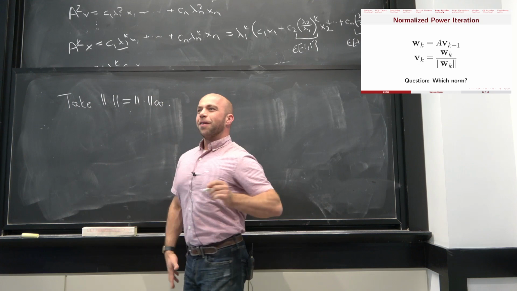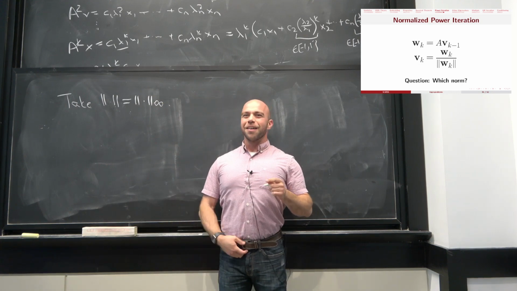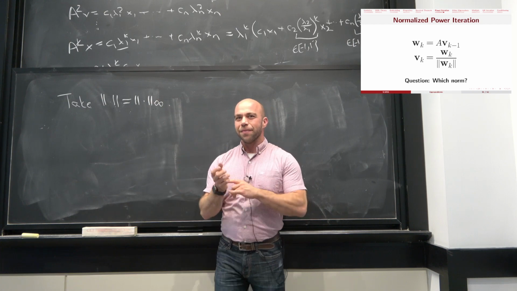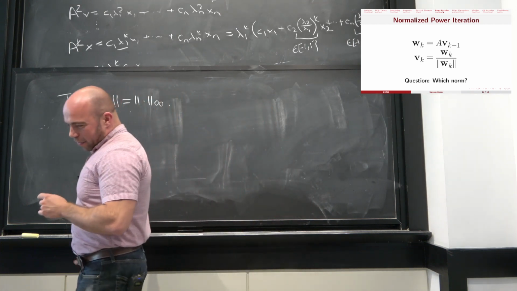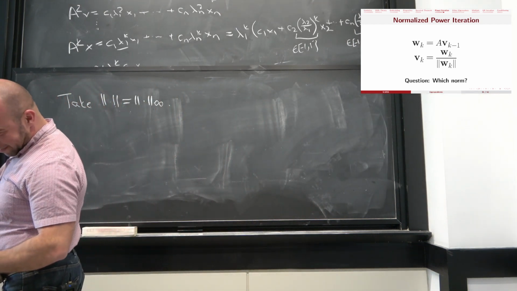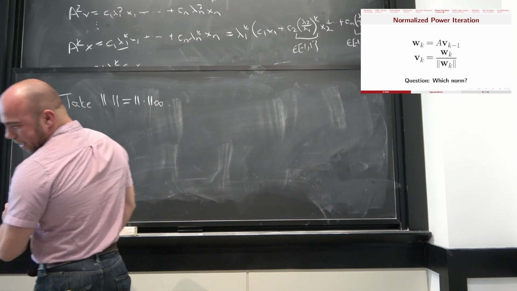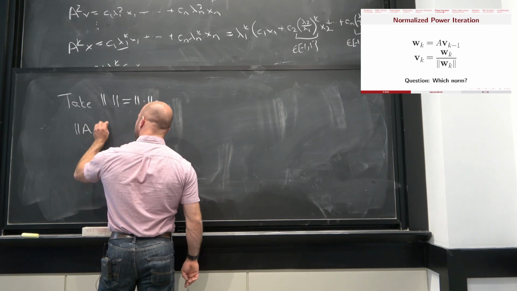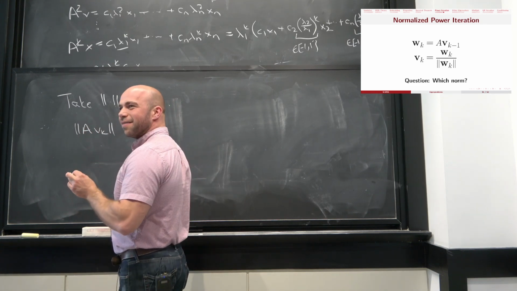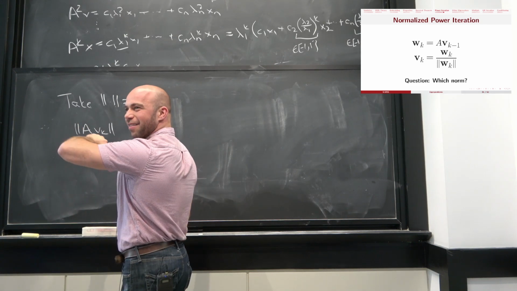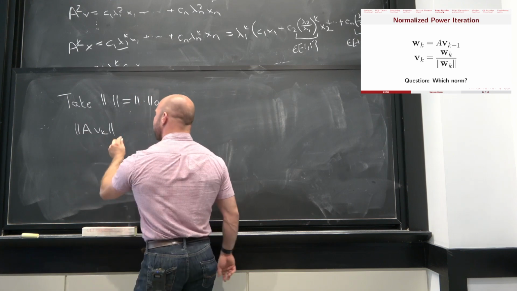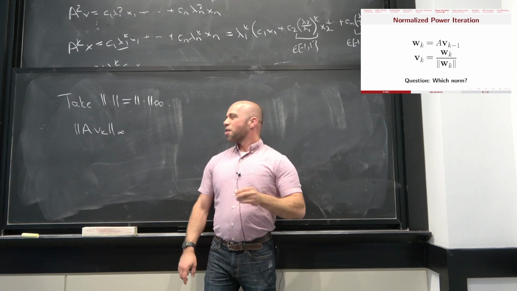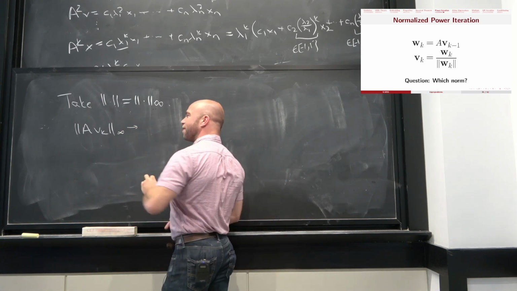You remember what the infinity norm is? You suffered with it in your first homework. It's the thing that just takes the largest absolute value of a vector. Here's a fun little puzzler. So in that case, let's look at A vk, in other words, w k plus 1, and look at its infinity norm. What does this thing converge to?